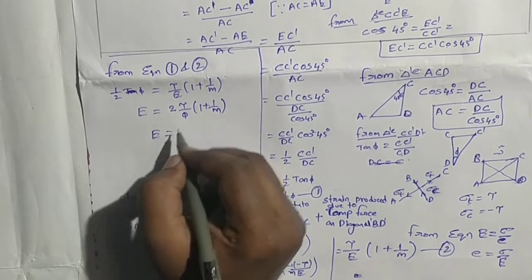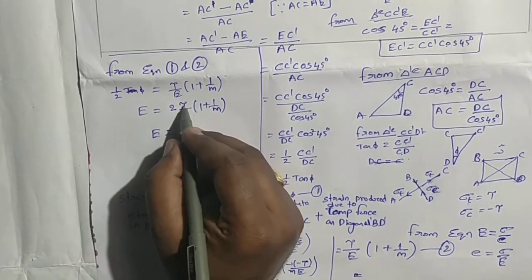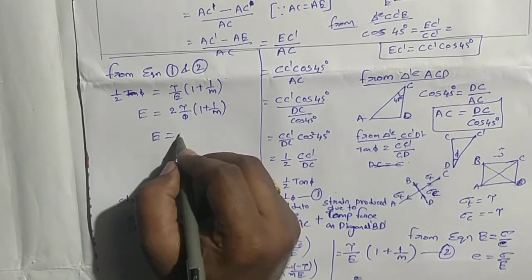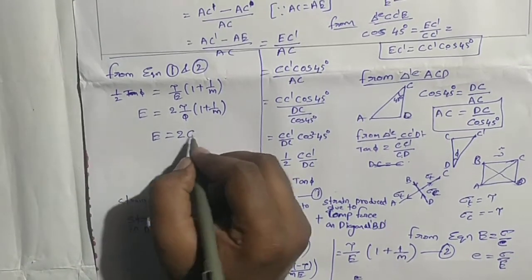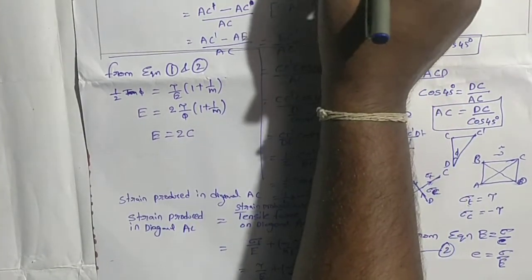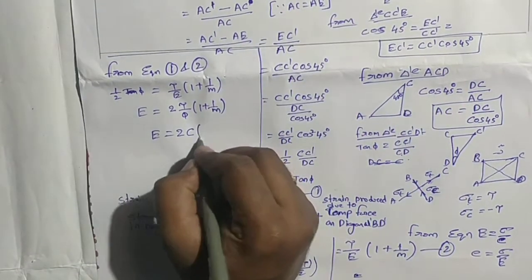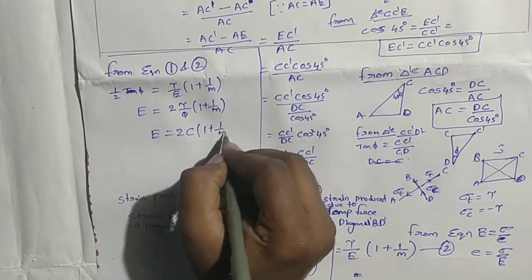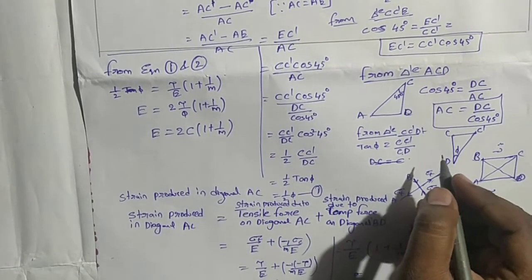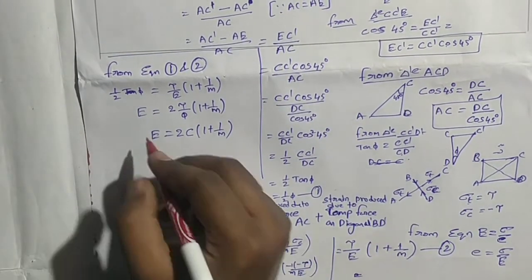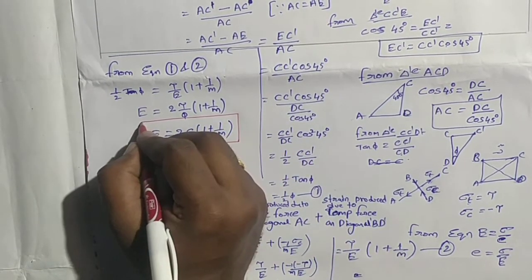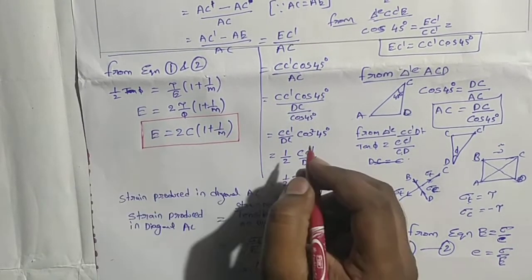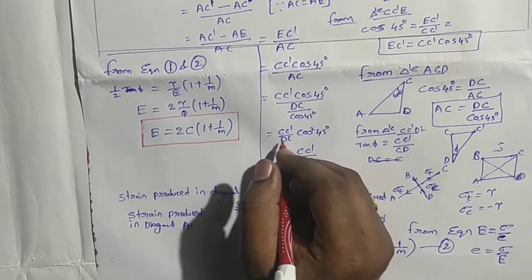Here we know that tau by phi is known as modulus of rigidity, that is C. So E equals 2C into 1 plus 1 by m. It is the relation between Young's modulus and shear modulus.